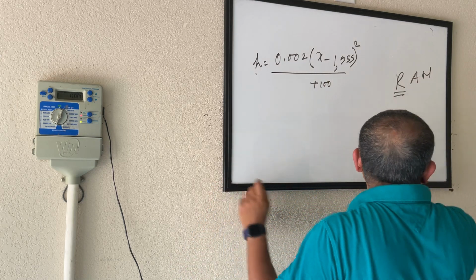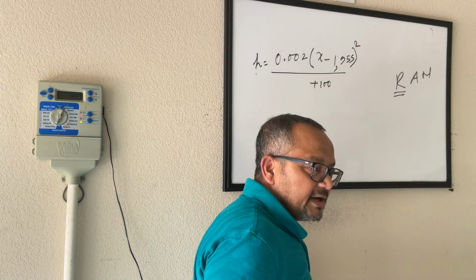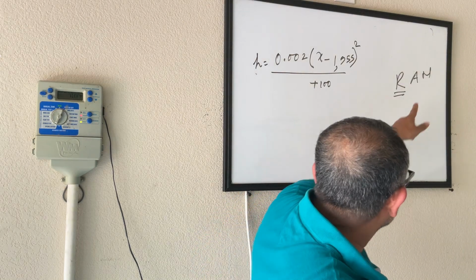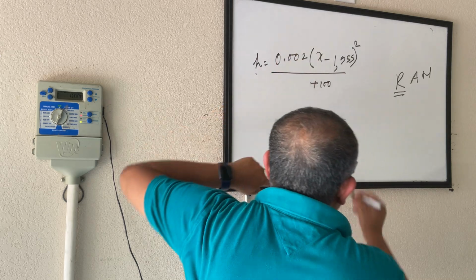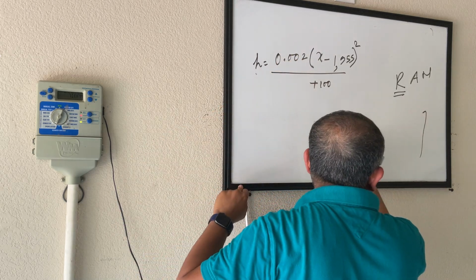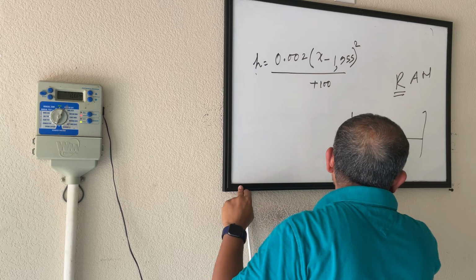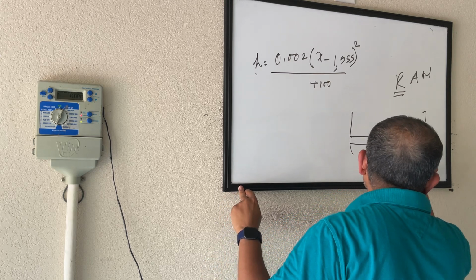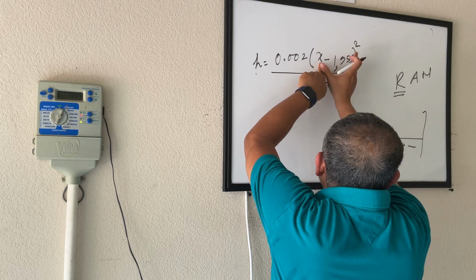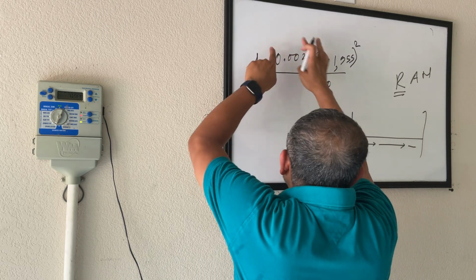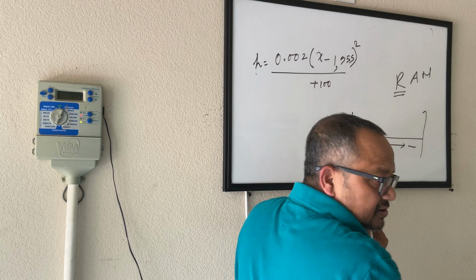I have read the question enough, much more than any of you, right? I read it so many times. I'm doing the analysis right now. When I look at this, x is the horizontal distance. So x can keep on increasing, and if x keeps on increasing, this difference will increase, and accordingly this value will also change.